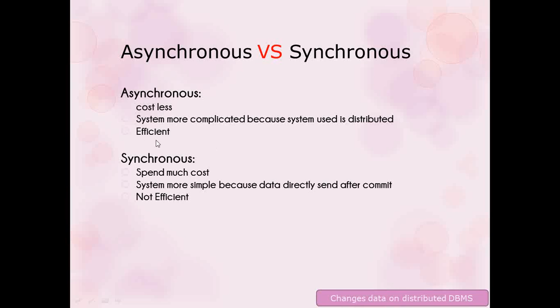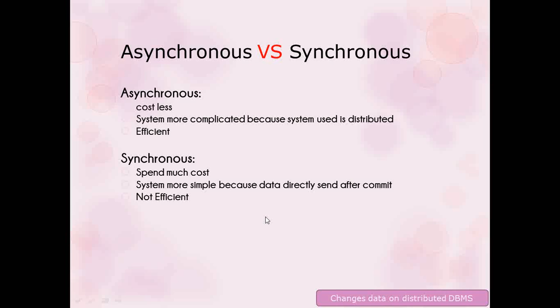And this is efficient because not much cost will be paid, unlike synchronous, which will spend much cost, but the system is simpler because the data is directly sent after commit, but it's not efficient to use because it costs much, and it will of course take time.